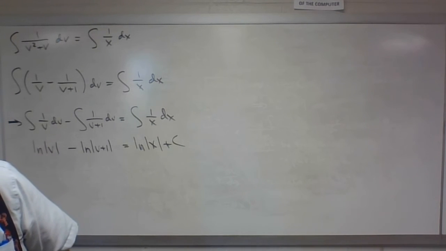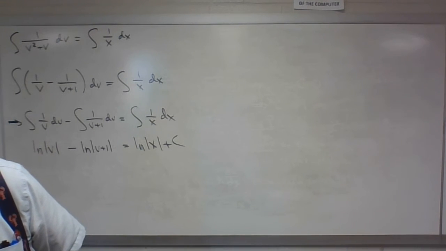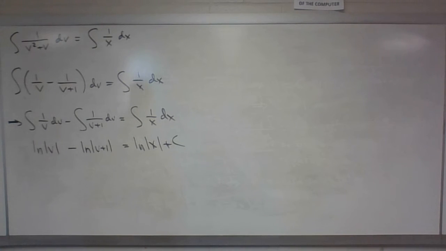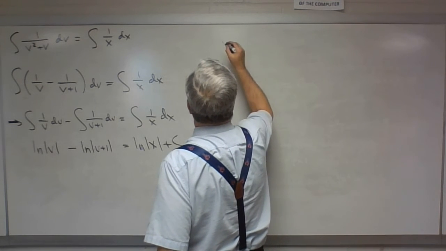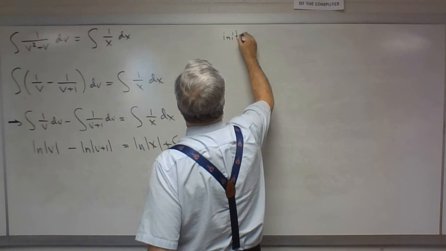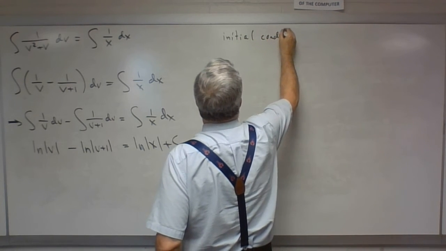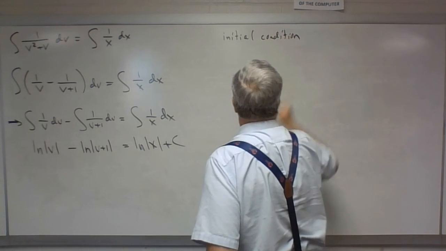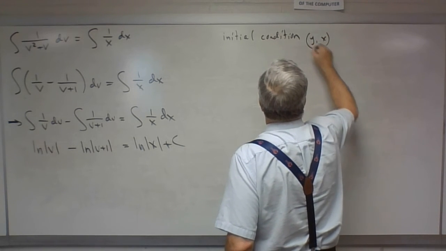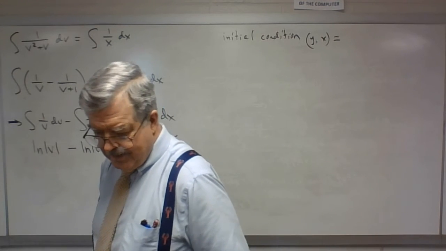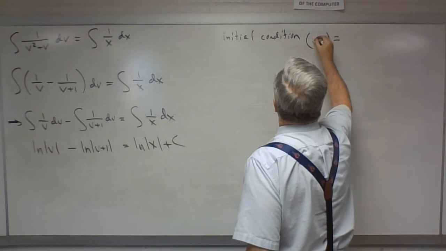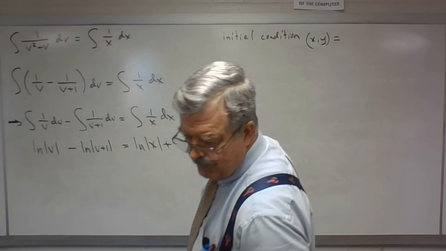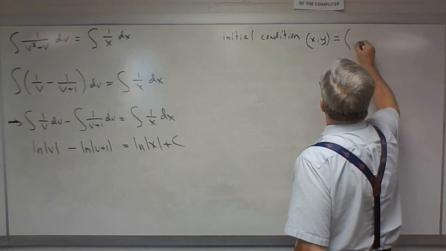Now let's think about our initial condition. Xy, what was it? Xy equals square root of pi over 2.